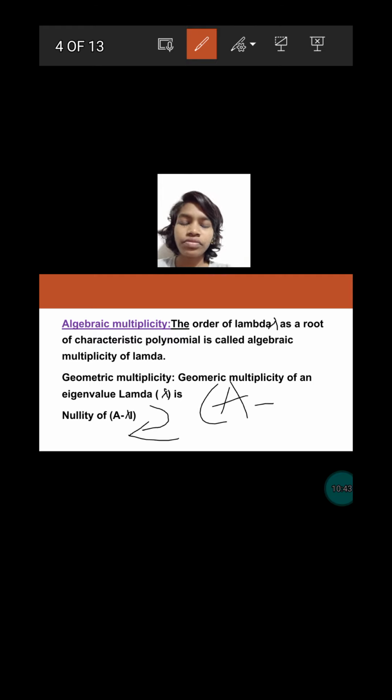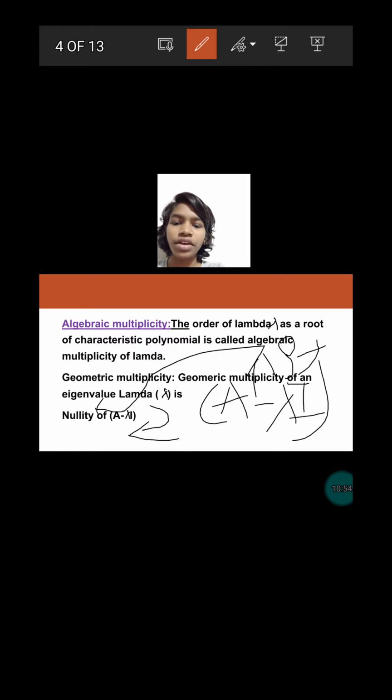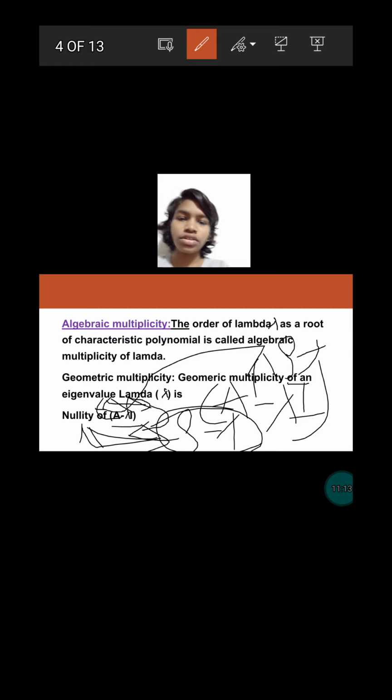Initially we find the A minus lambda I matrix, then we find its rank by reducing it into echelon form, and the nullity of a matrix is nothing but order minus rank. Then the nullity of that matrix A minus lambda I is said to be the geometric multiplicity of that respective eigenvalue lambda.